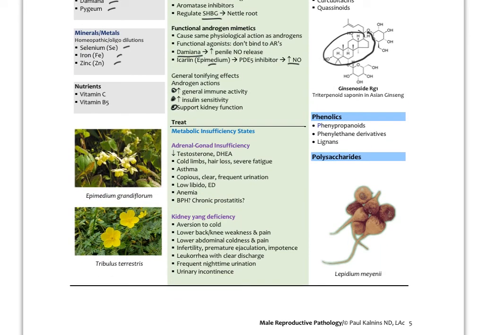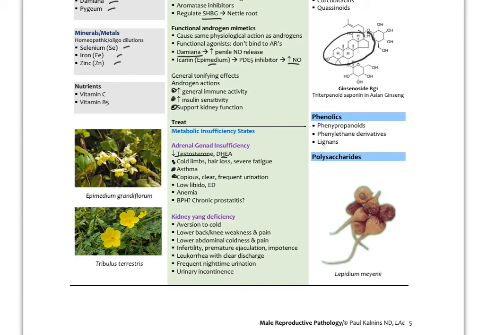So the tissue states we can say these herbs treat really are the low testosterone picture, maybe low DHEA, and that often manifests with cold limbs, hair loss, severe fatigue, asthma, and that's because both DHEA and testosterone, especially DHEA, have tonifying effects on the respiratory tissue, preventing bronchoconstriction, improving respiratory blood flow, decreasing fibrosis.